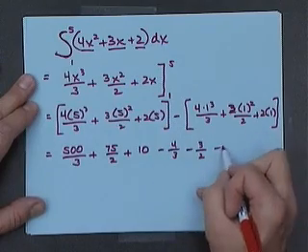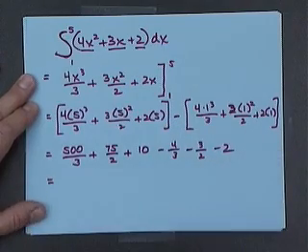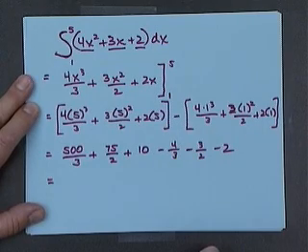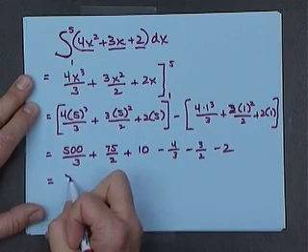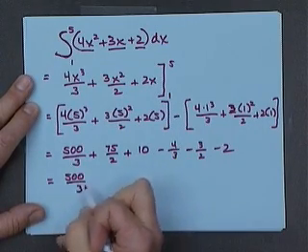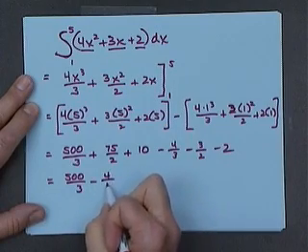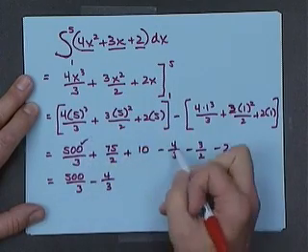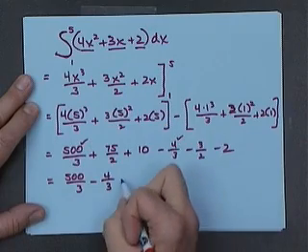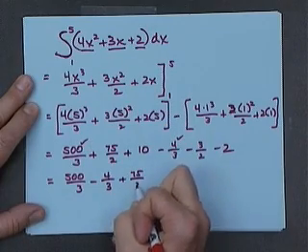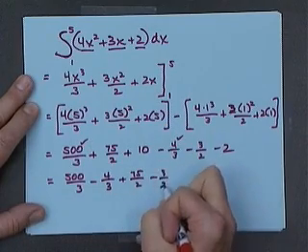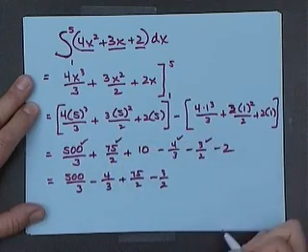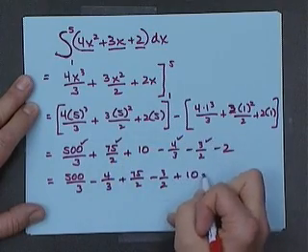And there is a minus 2. Let's see. We've got 500 thirds minus 4/3. Takes care of that and that. 75 halves minus 3/2. And 10 minus 2.